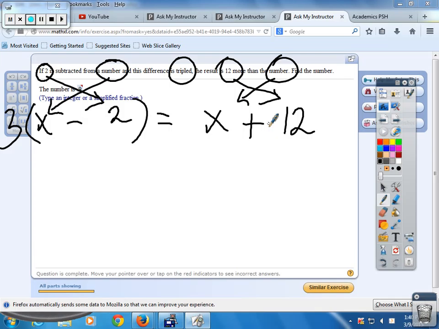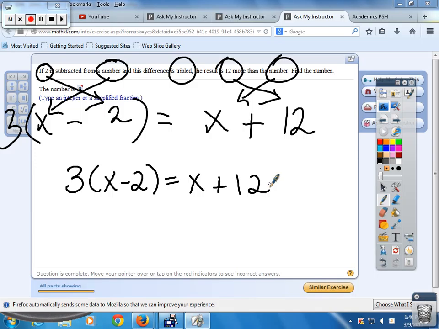Now, does it matter about this one as far as order goes? No. Does it matter about this one? Yes. So 3 times x minus 2 is equal to x plus 12. 3x minus 6 is equal to x plus 12.